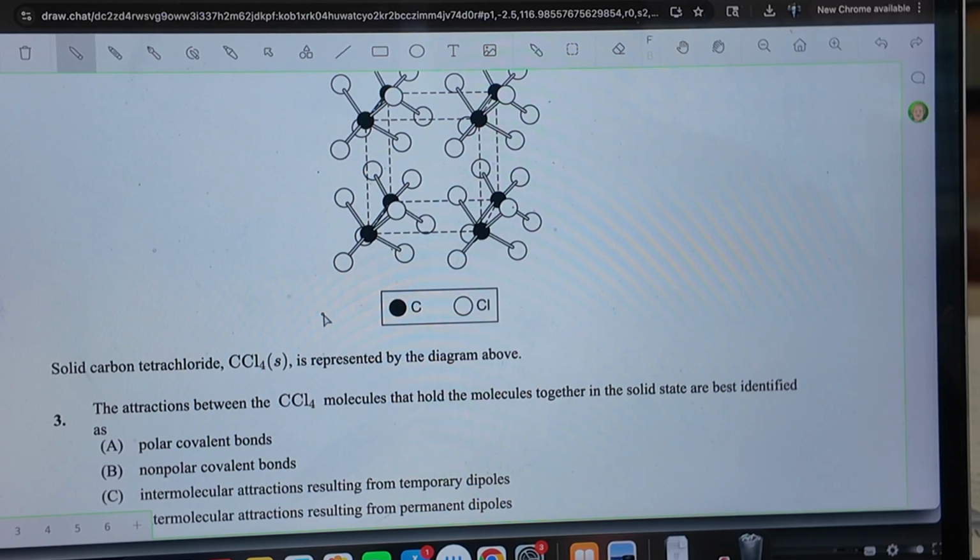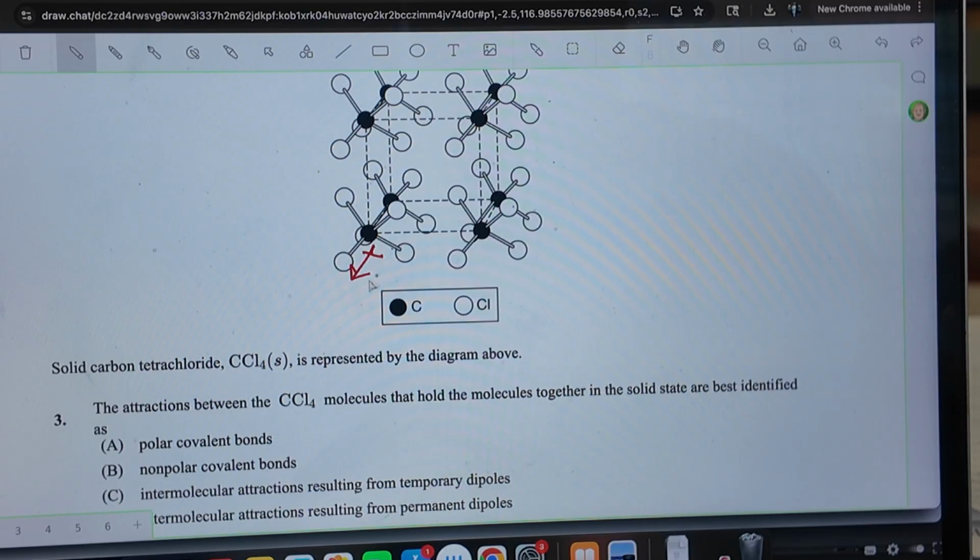Inside each of these, the CCl4 bonds are polar, because chlorine pulls electrons harder than carbon. So there's probably this dipole moment here, right, where this is more electronegative and this is not as electronegative.